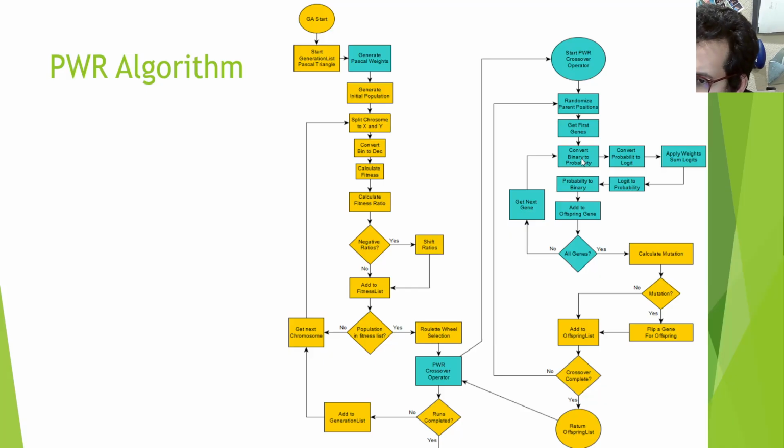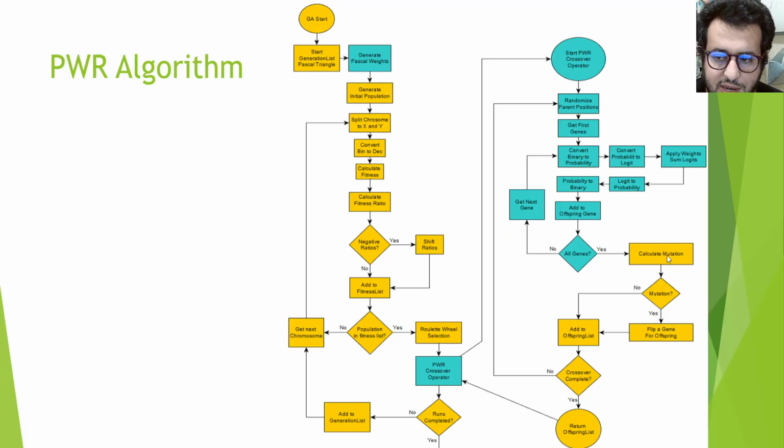We'll do this whole process of convert to binary, binary to probability. We'll convert from a probability to a logit, apply the weights, and get the sum. Convert that logit to a probability to a binary, add to the offspring gene, and then get the next gene, and keep repeating until we've accumulated all of them.